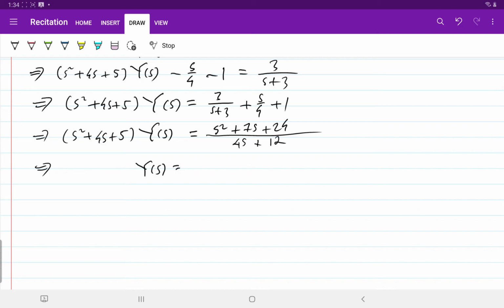So you want to find y of t. Here y of s is s squared plus 7s plus 24 over 4s plus 12 times s squared plus 4s plus 5.